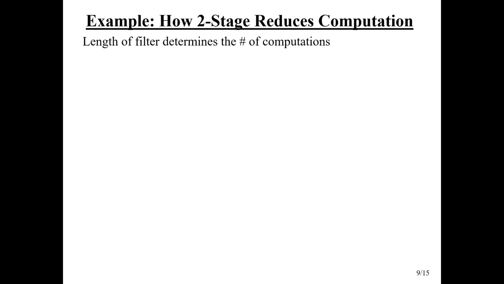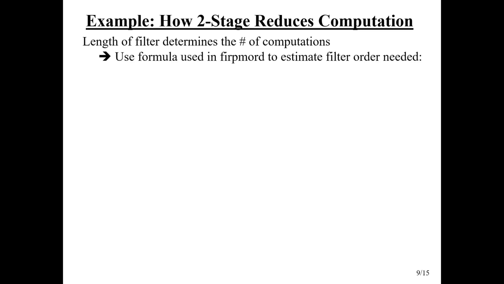So that's how we measure the computational complexity. Now in MATLAB, there's a command called FIRPMORD. The PM stands for Parks-McClellan. The ORD stands for order. It's a command that will estimate the filter order that you need to achieve the specs that you want.